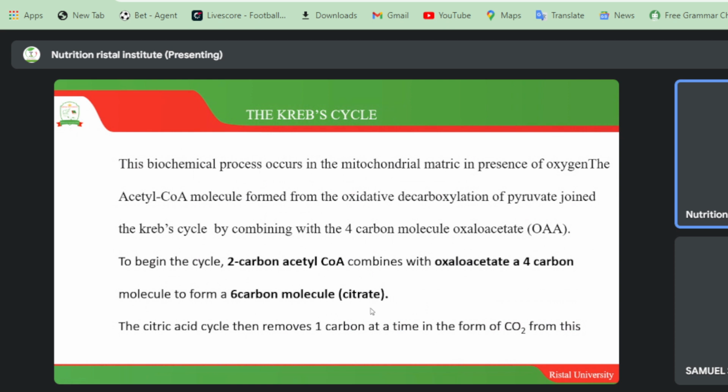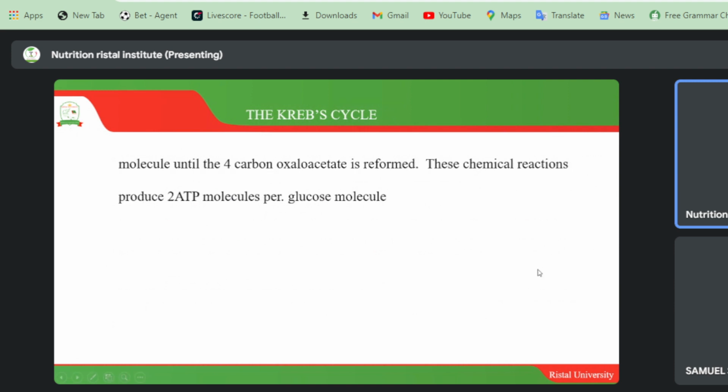This cycle will continue removing 1 carbon at a time in the form of carbon dioxide from this molecule until you form back the 4-carbon molecule, oxaloacetate, and that will mark the end of our cycle. In that process, we shall be releasing some NADH and FADH2 at some point, and also ATP, which we shall discuss as we continue during this lecture.